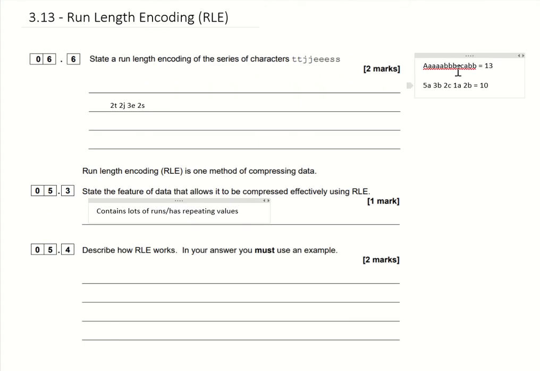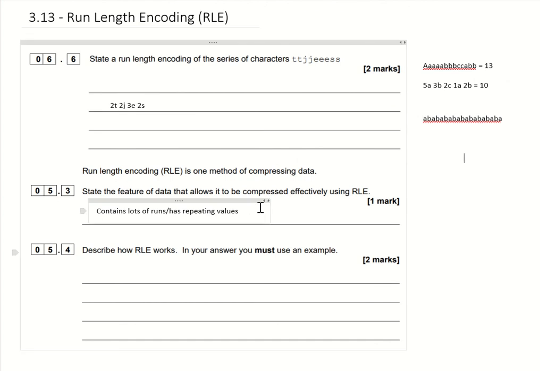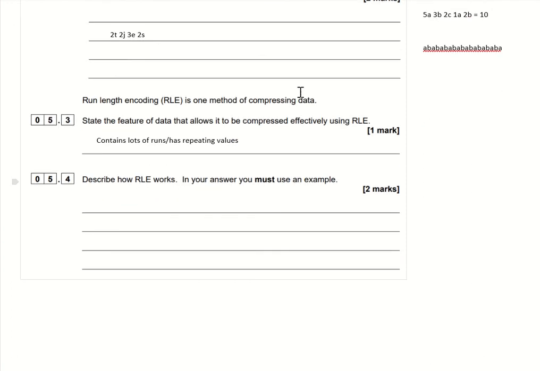As we looked at here, this data has lots of runs. A to A is a run, B to B is a run, C to C is a run, and so on. Whereas if we had this string here, that does not contain multiple runs or repeating values, therefore that feature is not relevant. So for run length encoding to be useful, it has to have repeating values or contain lots of runs.